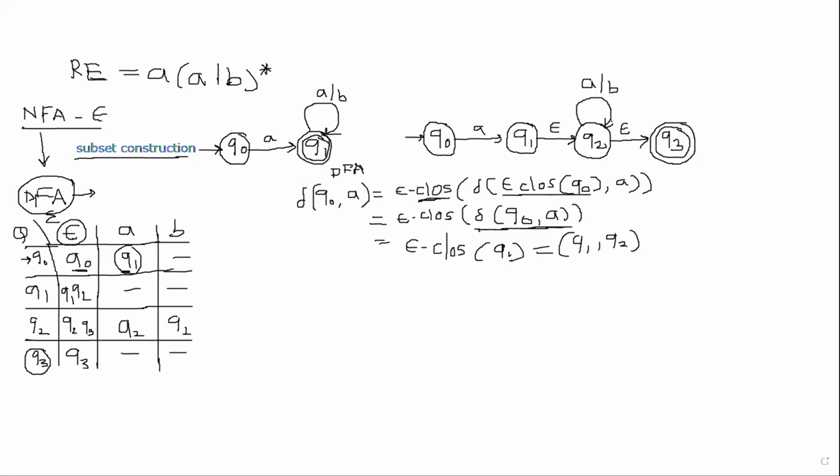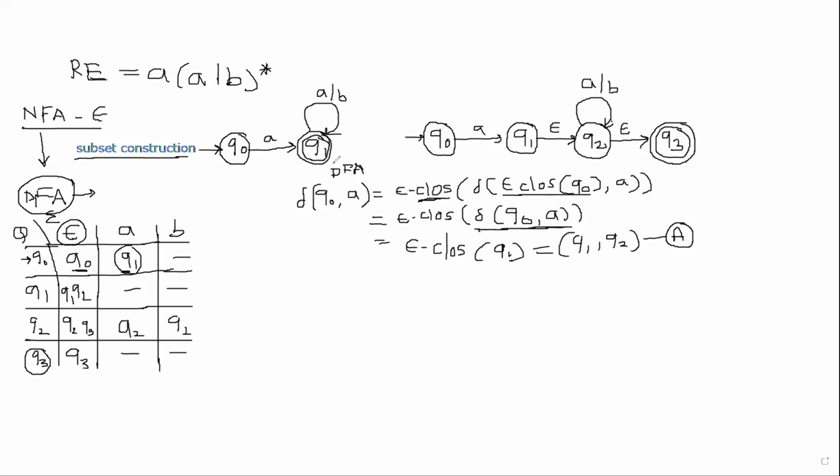Okay. So in DFA, I have started with Q0 as my initial state, and with A, I am reaching Q1, Q2 as my resultant state. That is, Q0 with A, I am reaching Q1, Q2. Now, as this new state is encountered, I'm going to call this capital A state.